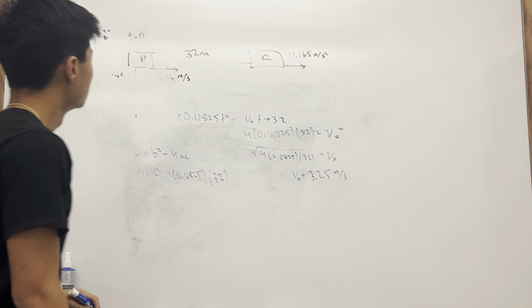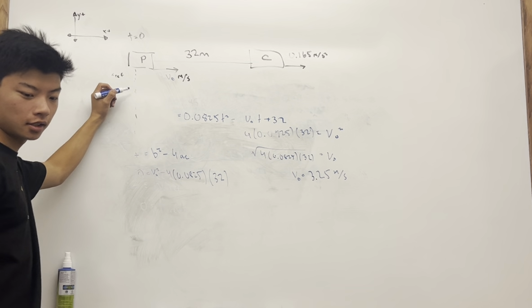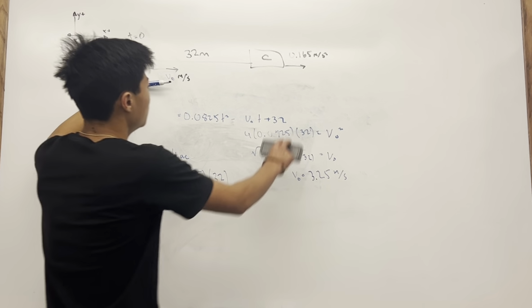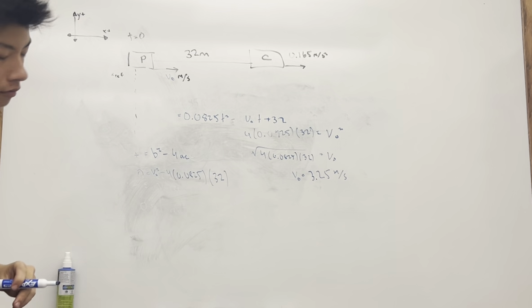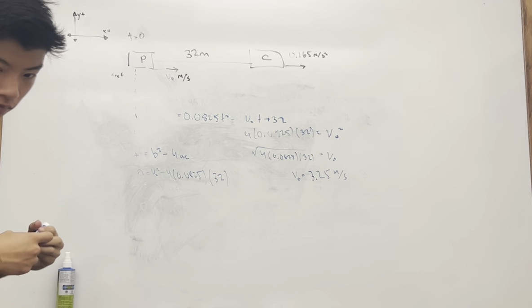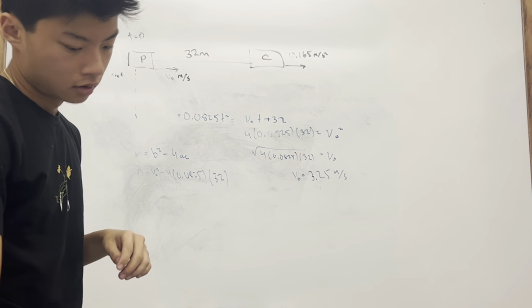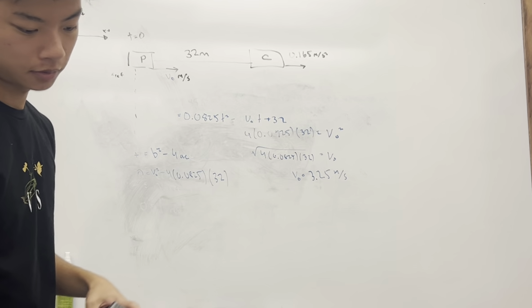So this is the initial velocity that the puppy has to travel at in order to only catch up with it once. Let's move on to number 2.